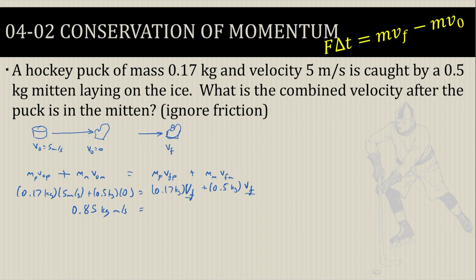Since these are like terms, I can just add 0.67 kilograms times the final velocity, divide, and the combined final velocity is 1.27 meters per second. So notice the puck hit the mitten and they stayed together and it slowed down. It slowed down because there was more mass.